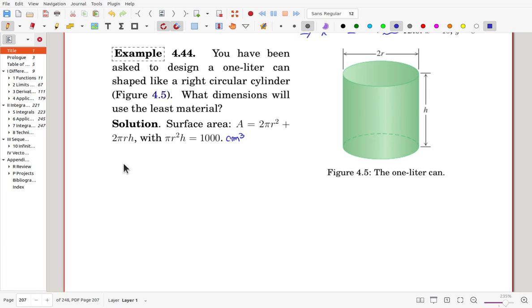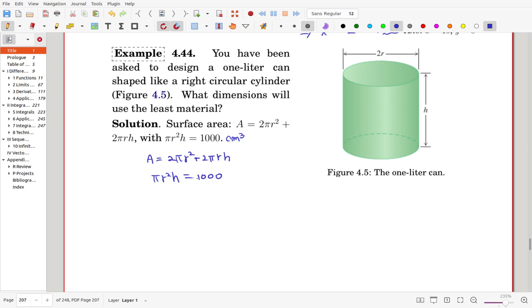Okay. Now in this way we can formulate the quantities, area and volume. So what we have to do is minimize the area. Okay, let's rewrite here. A equals 2 pi r squared plus 2 pi r h. And we have pi r squared h is 1,000.